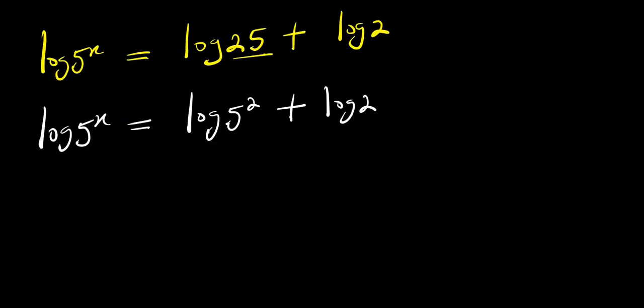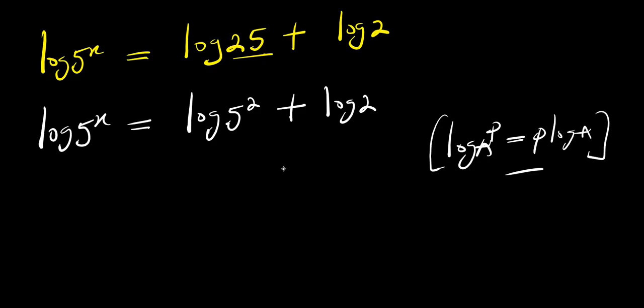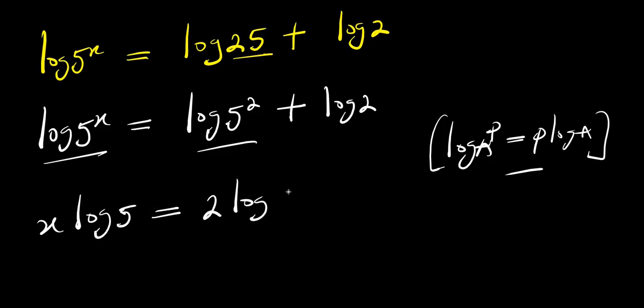Now, if you have log a^p, this equals p times log a. Applying this right here, I can also apply it here. I have x times log 5 equals 2 times log 5 plus log 2.